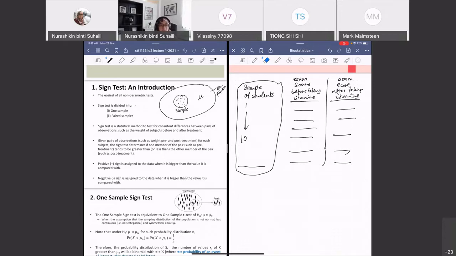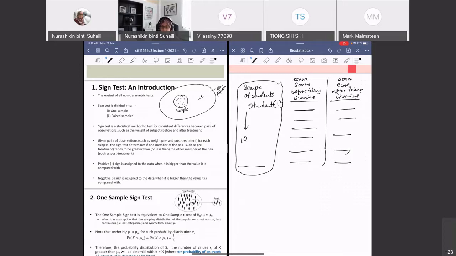So what is this sign test? I mentioned that it's about comparing, but comparing what, and how? It's a statistical method to test for consistent differences between pairs of observations. Pairs of observations means, let's say here is student 1, who has his or her score before taking vitamins and after taking vitamins.